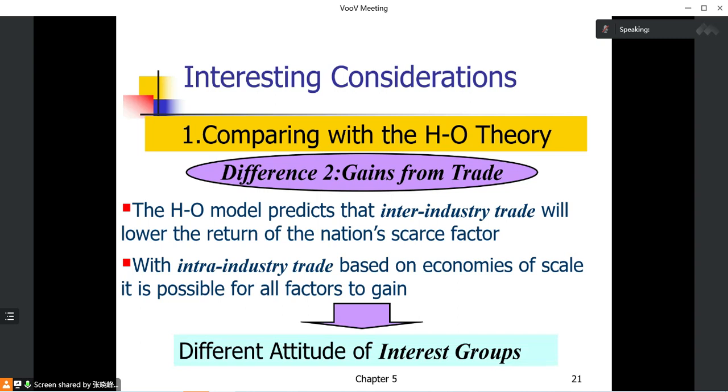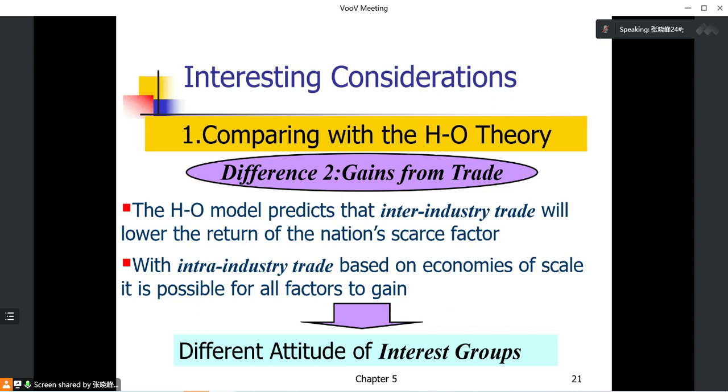The second difference is the gains from trade. The HO theory predicts that inter-industry trade will lower the return of the nation's scarce factor, just because the HO model is based on the endowments of a nation.